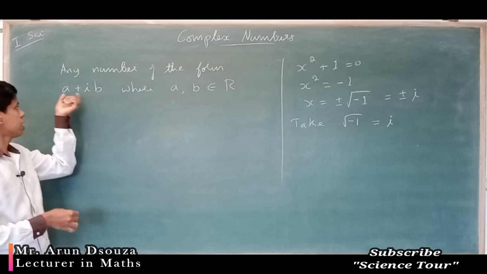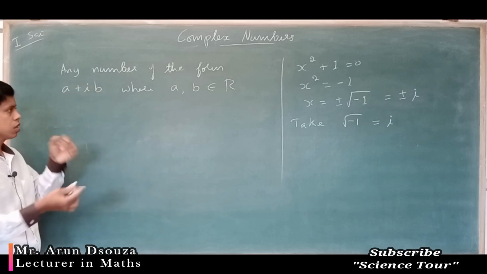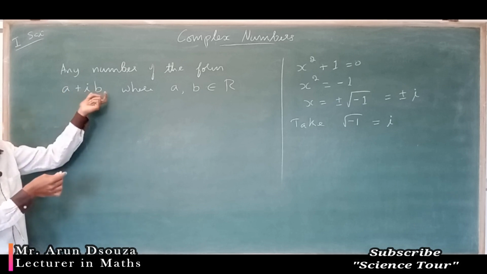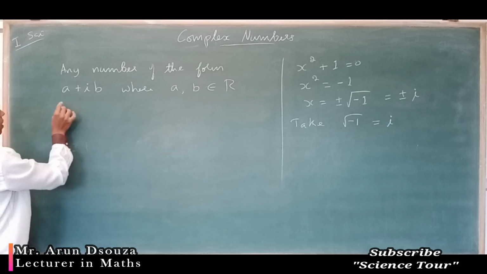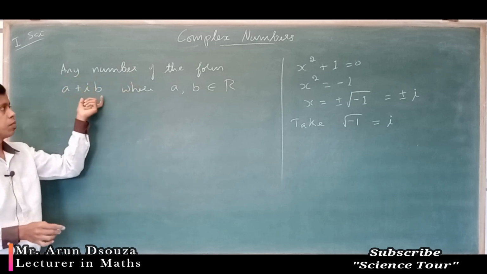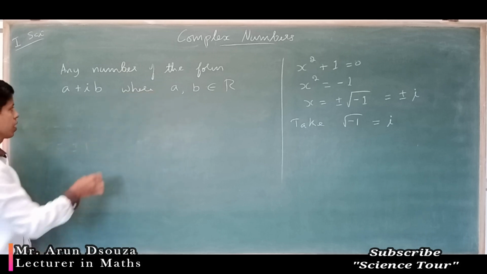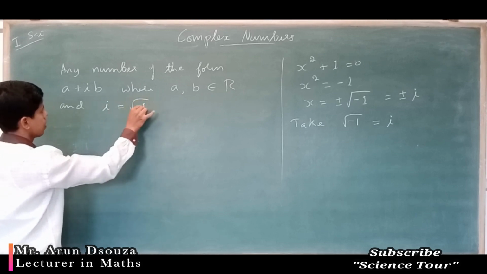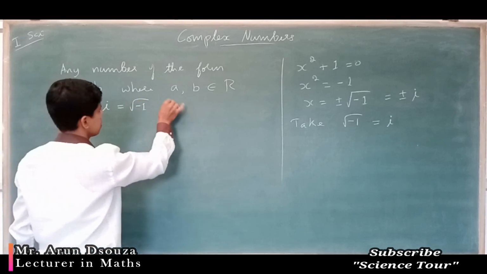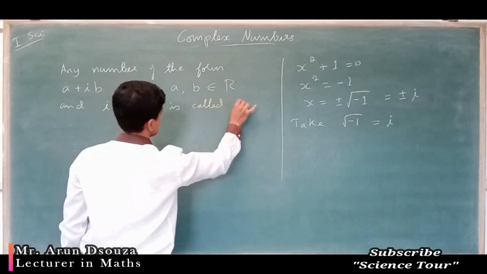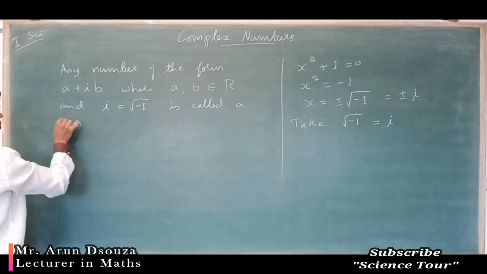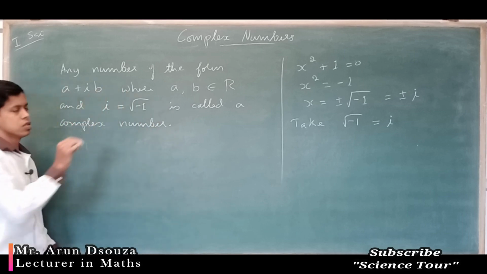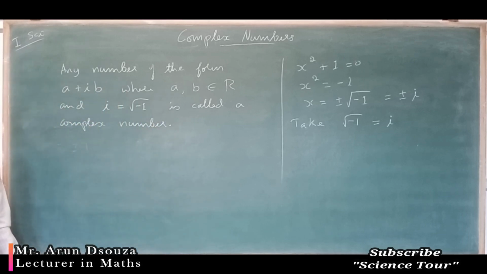Real numbers. You can take 1 and 2 here, or any real number, you can take 0.1, you can take square root of 2, or whatever. Let me complete the sentence. Any number of the form a plus ib, where a, b belong to R, and i is equal to square root of minus 1, is called a complex number. So this is the definition of a complex number.